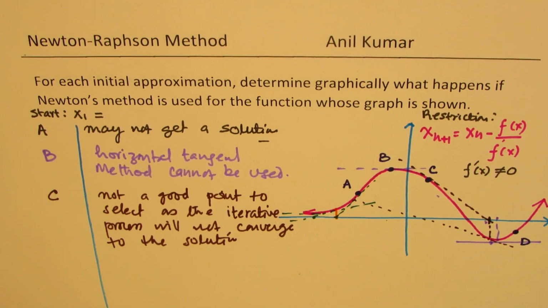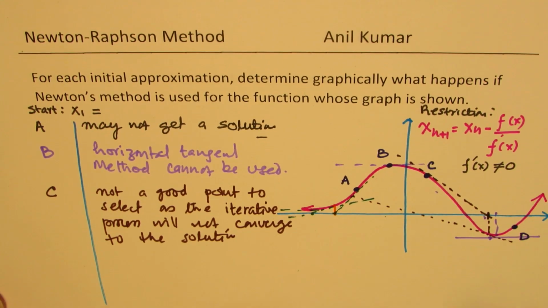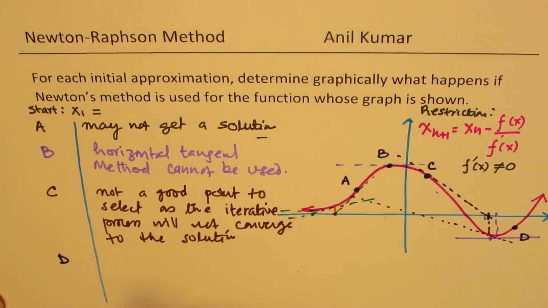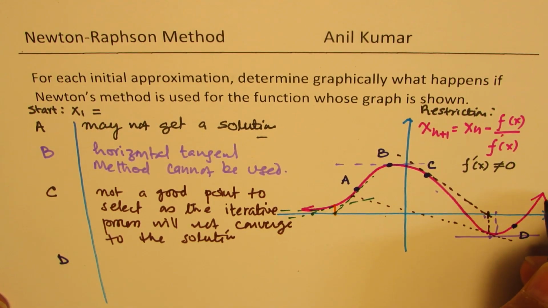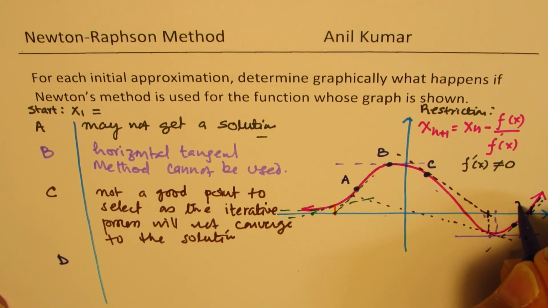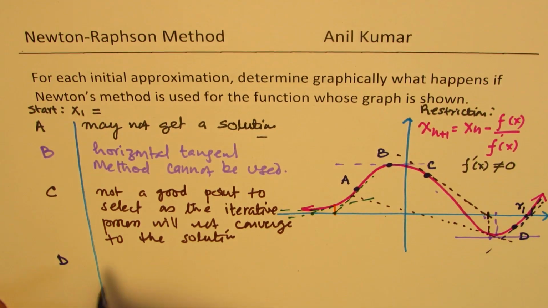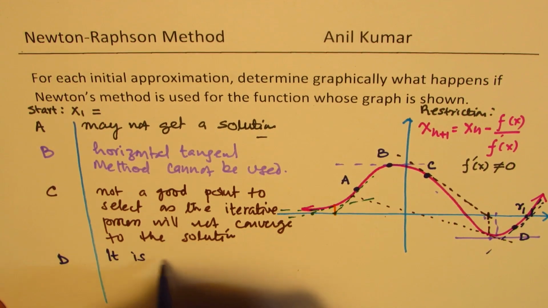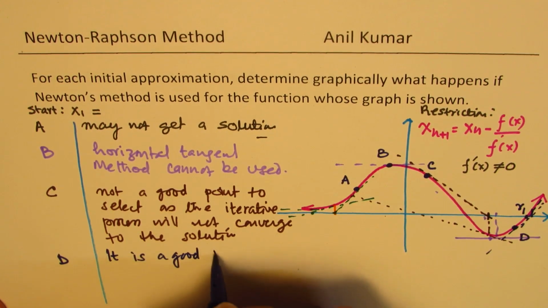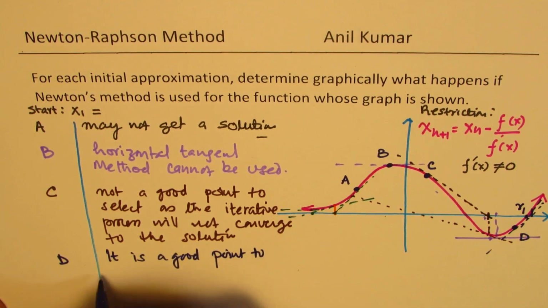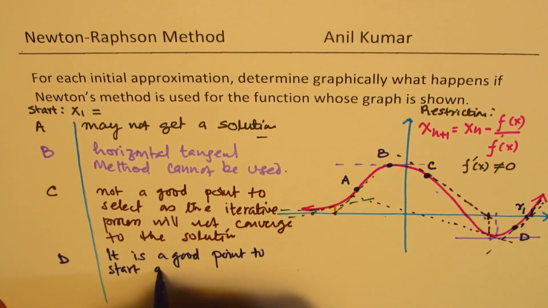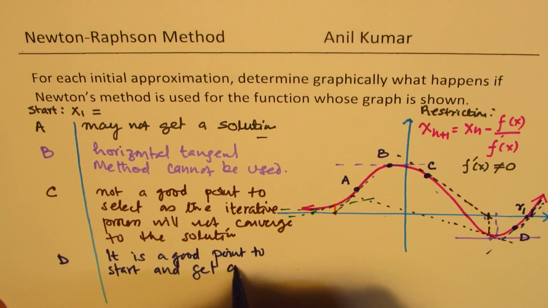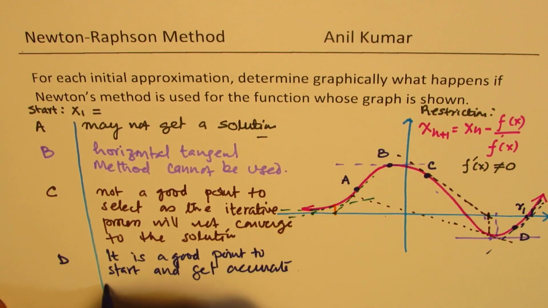So what you see from here is that the idea of the graph is important. If I now use D as my point, I do get a value which gives me the result very fast, and I get one of the solutions. Is that clear? So D is a good point, and you get an accurate value in a few iterations.